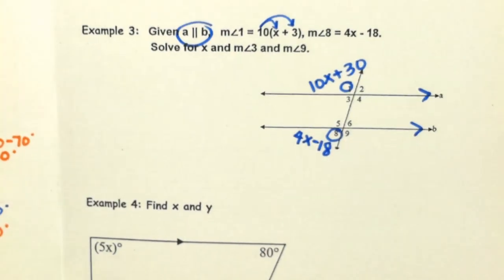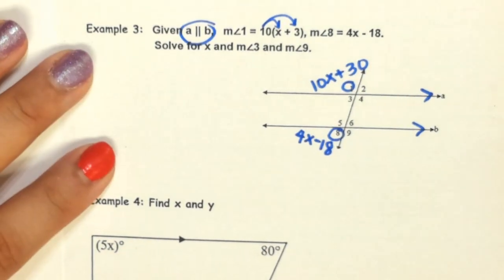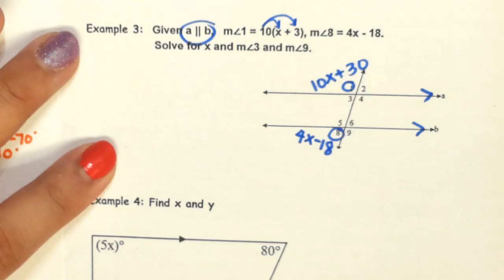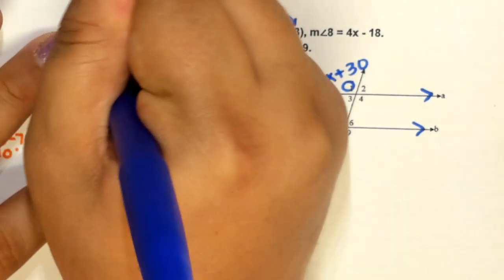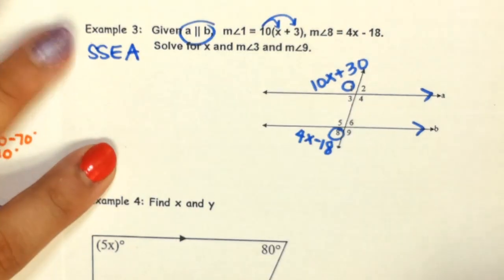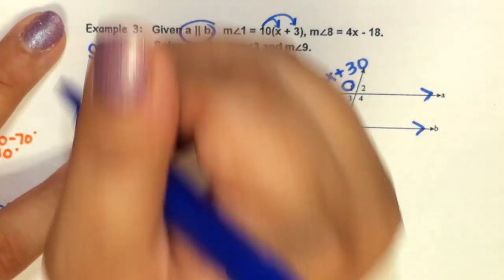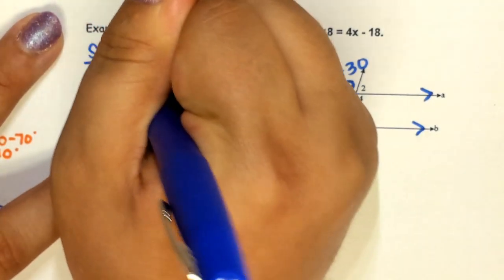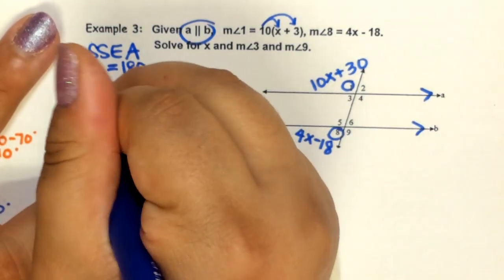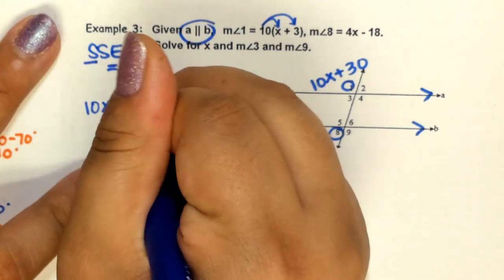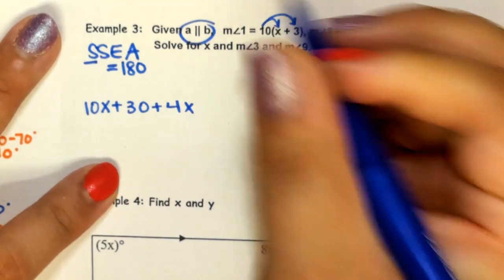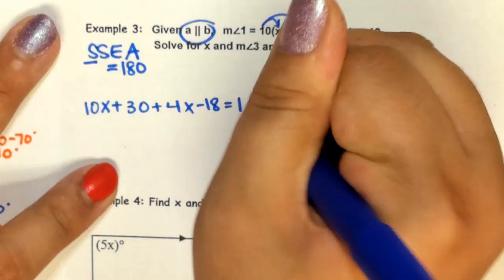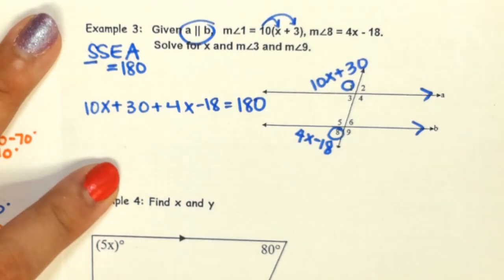What are angle 1 and angle 8? They're same side exterior angles, which means same side equals 180. Together, they equal 180. You are going to add them up and make them equal 180.